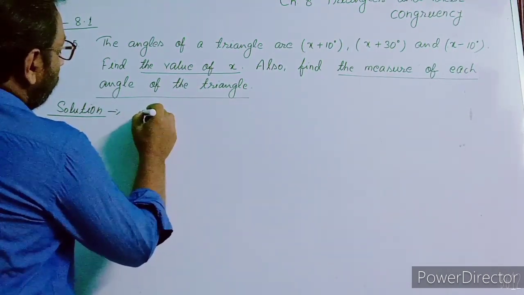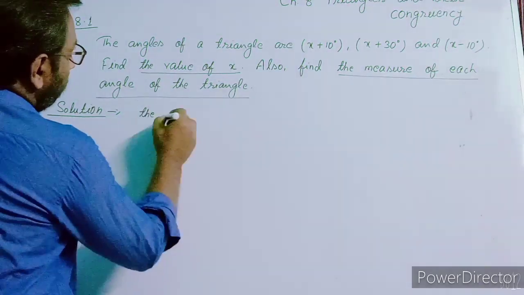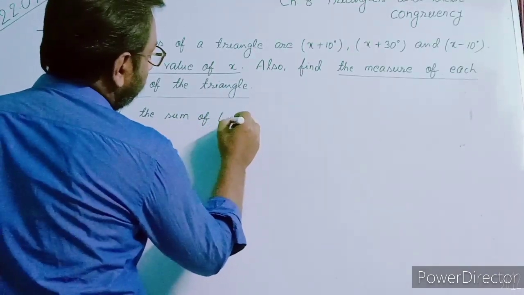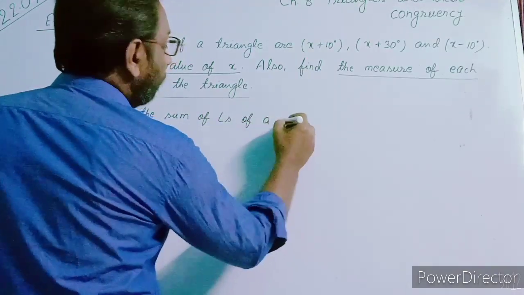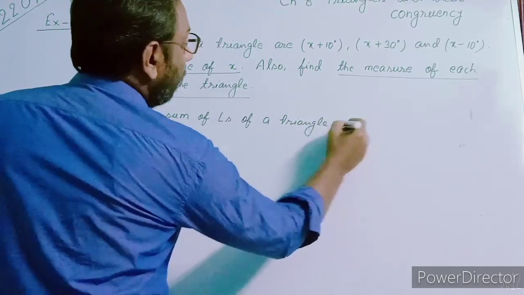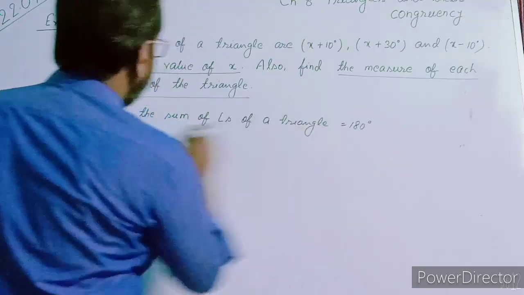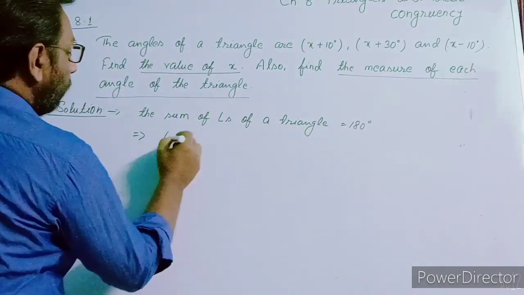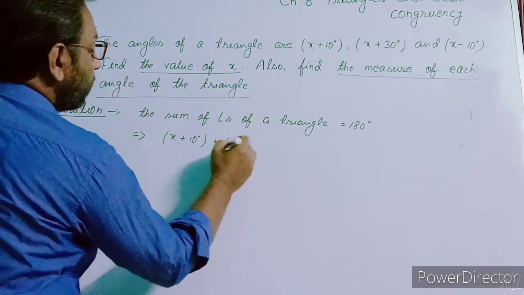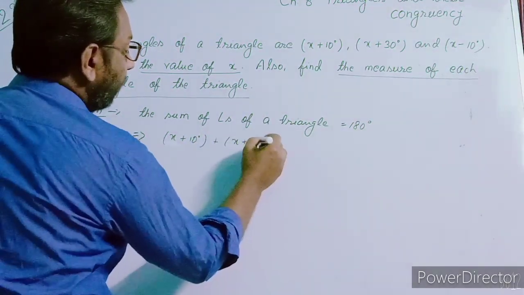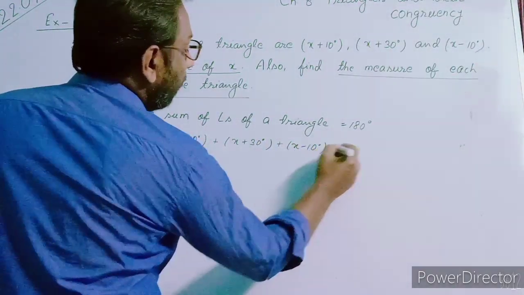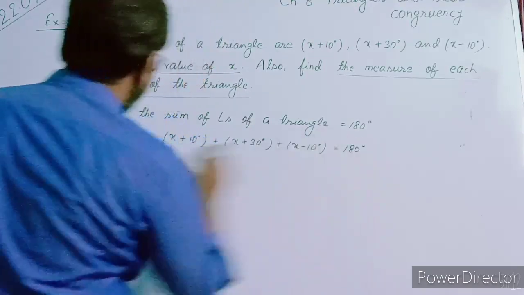We know the sum of angles of a triangle is equal to 180 degree, and those three angles are x plus 10 degree plus x plus 30 degree plus x minus 10 degree is equal to 180 degree.